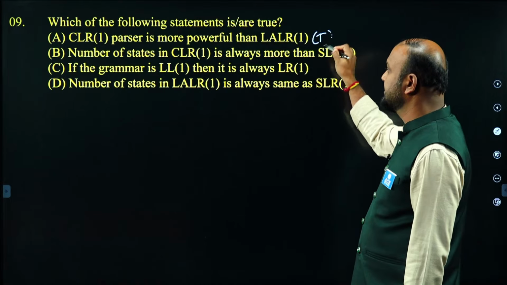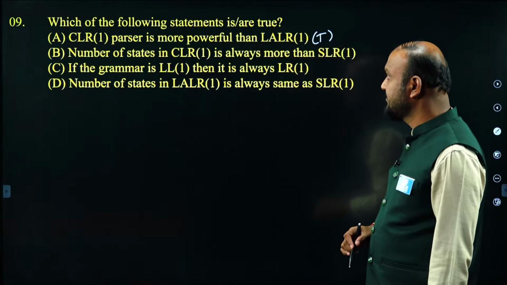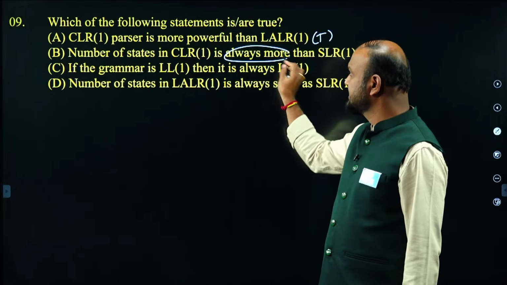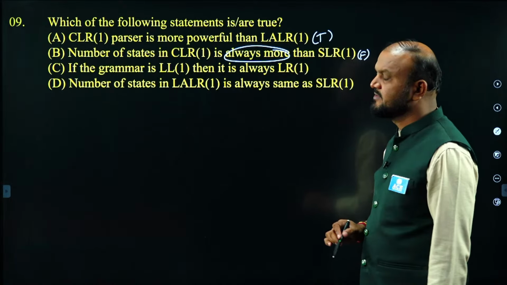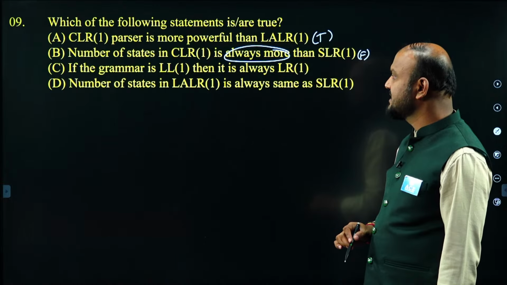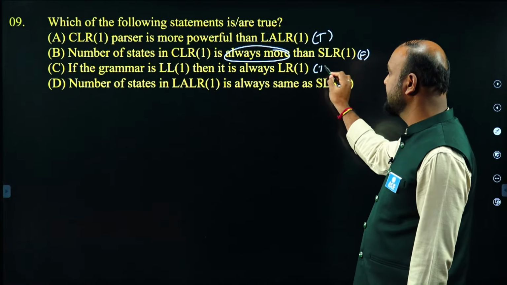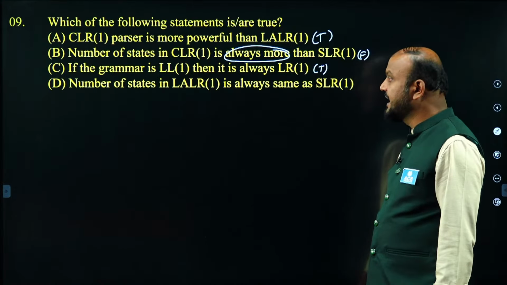True. Perfect. The number of states in CLR of 1 is always more. Is it guaranteed to be more? No, it is not necessarily more. False. If the grammar is LL of 1, then it is always LR of 1. This is a true statement. Every LL of 1 grammar is definitely LR of 1.